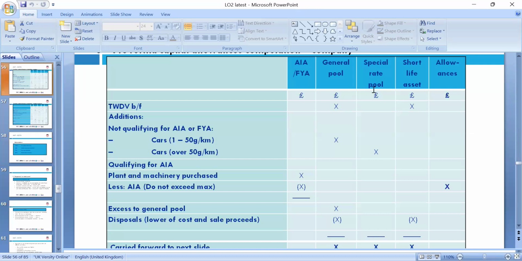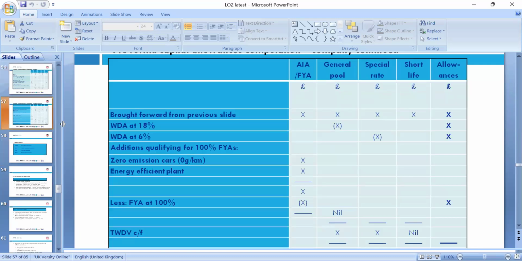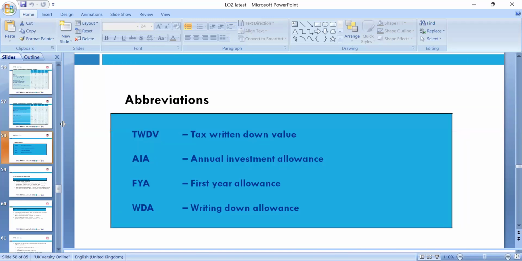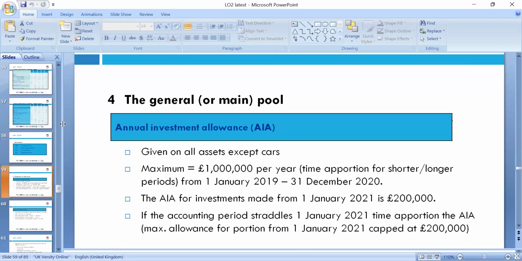We can look at these in the pro forma: general pool, special pool, short life assets, and then we need to calculate accordingly, because that's the biggest thing for corporations, calculating writing down allowances and applying zero emission cars or whatever we have. So we need to make sure of the annual investment allowance and first year allowance.